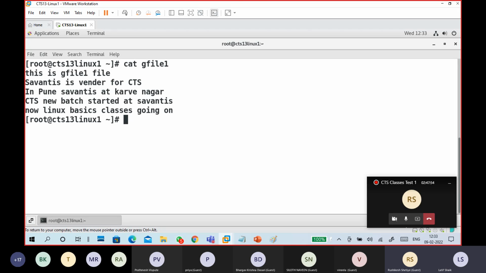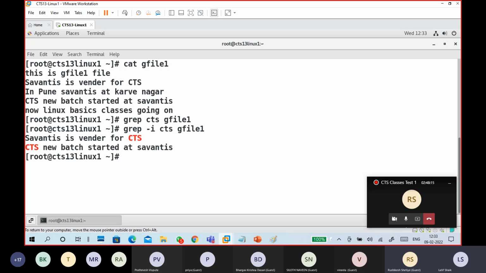Tell me the command: grep CTS. Yes, the letters are capitals, all are capital letters only. If you want, you can use hyphen I also. Now it is two lines having CTS.